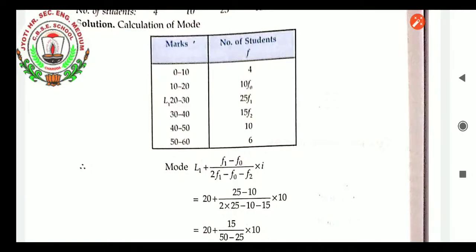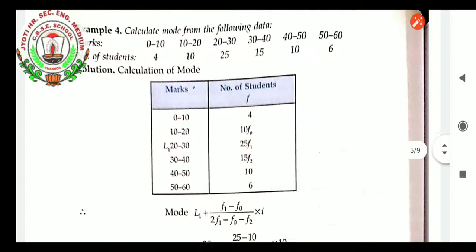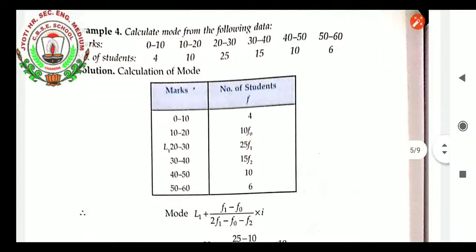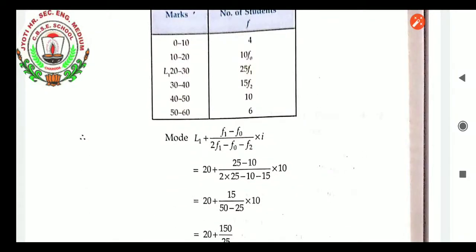That method is used when, for example, 25 appears twice, in 20 to 30 and in 30 to 40, instead of 15. How would you find the mode then? It will be very difficult. That time we definitely use the grouping table and analysis table, which will give us the exact mode in one class, not both classes.